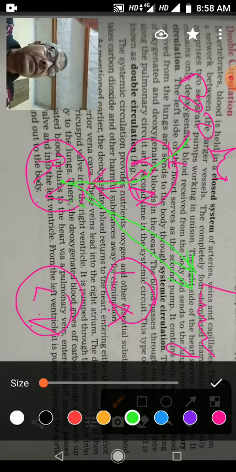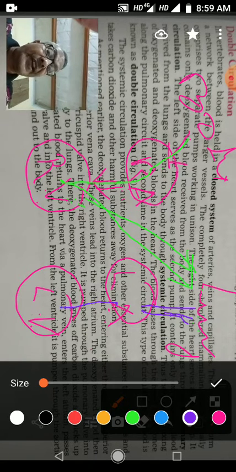Now, from the lungs, blood is coming into the left auricle. The blood vessel which brings the blood from the lungs into the left auricle is the pulmonary vein. Again from the left auricle, blood is coming into the left ventricle.